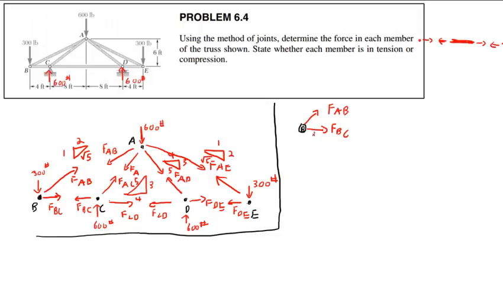And so I'm actually only going to need to draw 2 joints to solve this entire thing. If you believe me. Do you believe me? Do you have faith in me? I will not let you down. 300 pounds.